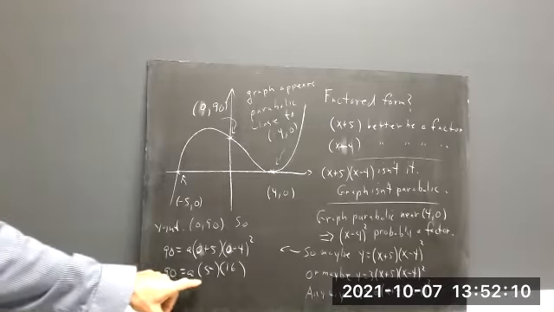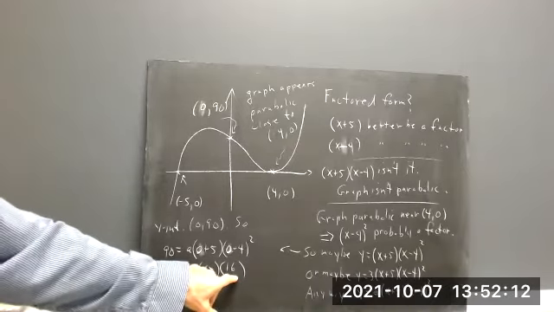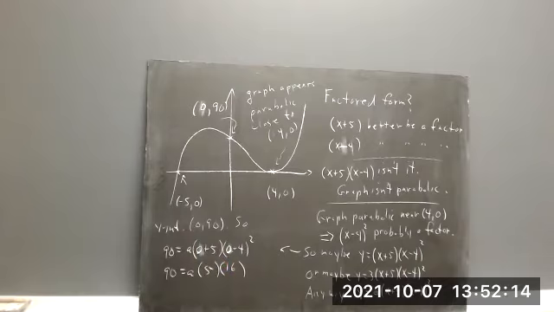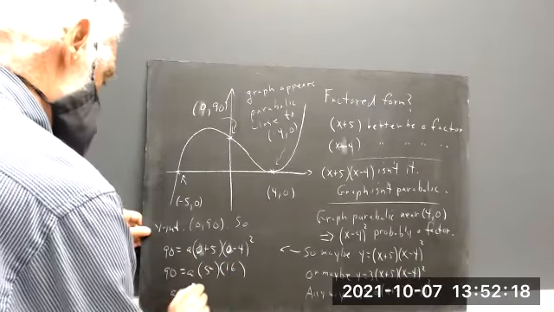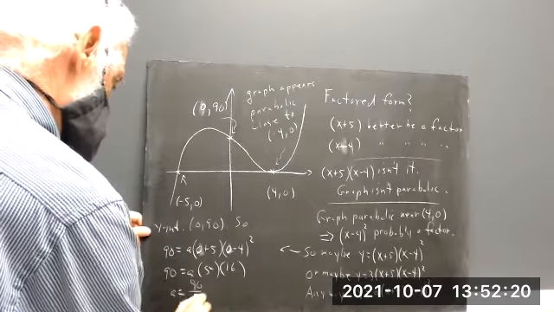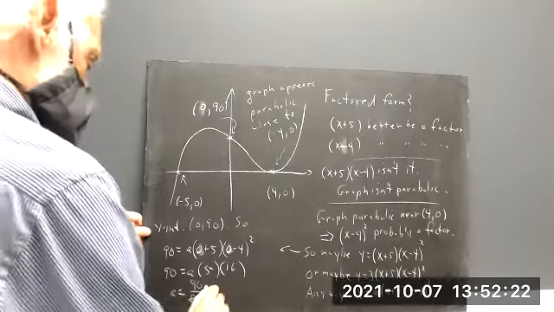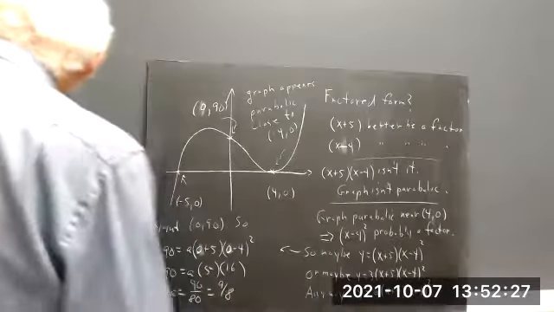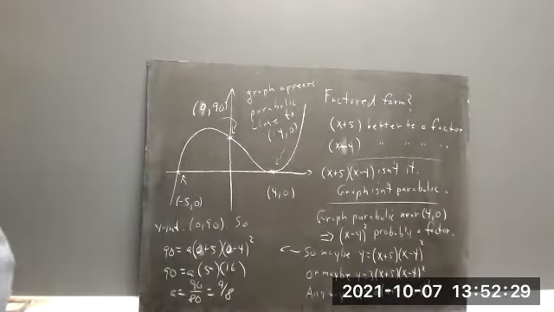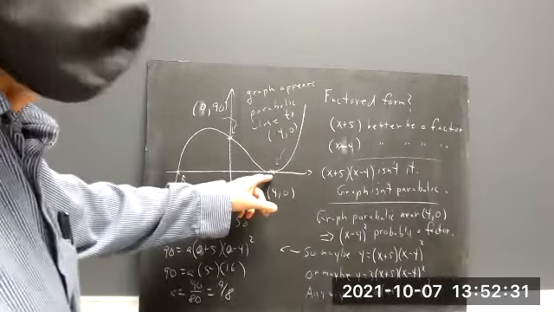So 90 is a times 5 times 16. We can solve for a. So that's really easy. a is 90 over 80, or 9/8.